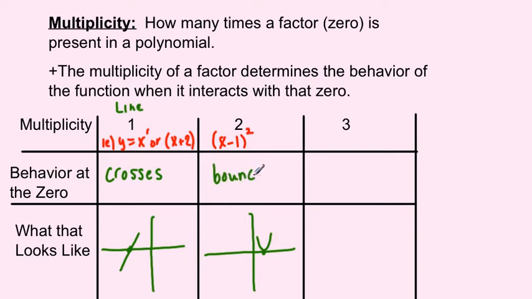That's how we're going to describe it. This is like that quadratic, that parabola that just has one solution. That solution is at positive 1. So in my example that I gave you, that's there. Over here, that would be negative 2. So we say it bounces. That means it looks like a parabola at that particular x-intercept.